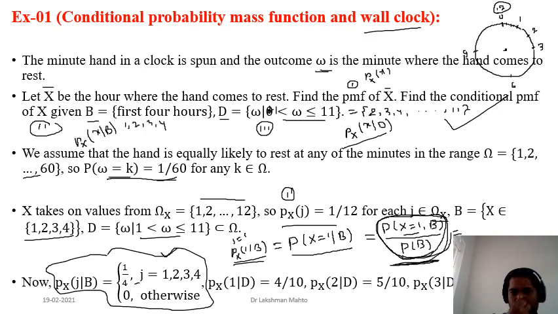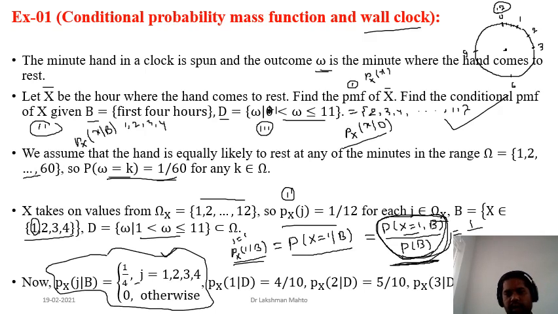What is the intersection of x equal to 1 and B? Just see it, it is very simple. Only one intersection you observe. So it would be 1 by 4. How many elements do you observe in B? 4. So the answer would be 1 by 4.